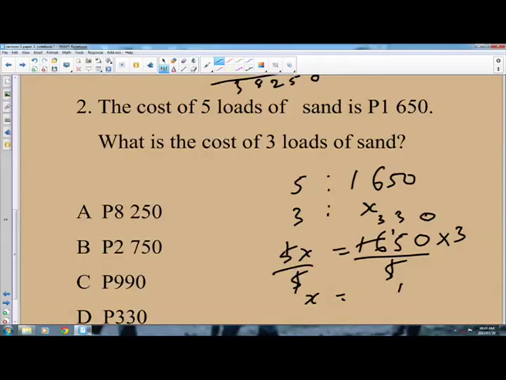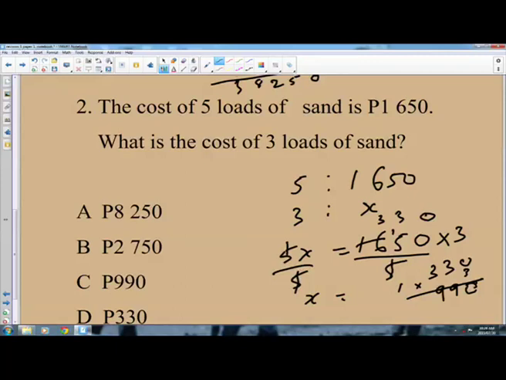So we got 330 times 3. And then what is 330 times 3? Just multiply. 330, multiply this by 3. This will be 0 here. 3 times 3, it's 9. And then 3 times 3 again, it's 9.